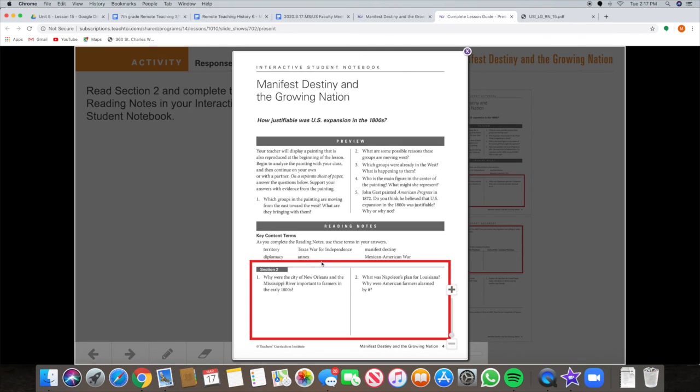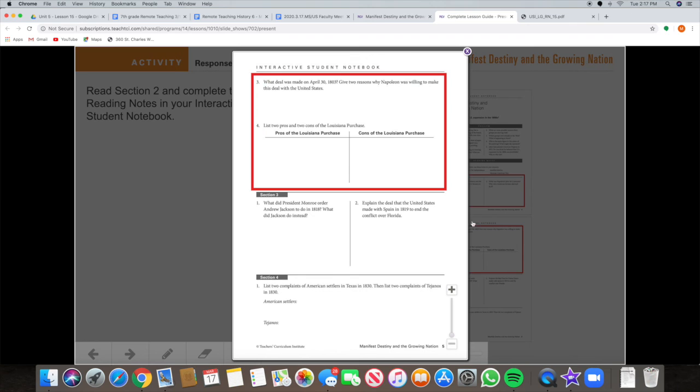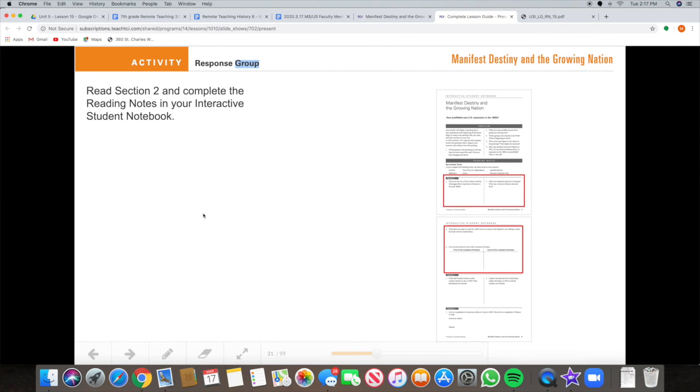That's on pages 141 and 142. Again, you are reading in your textbook the Louisiana Territory on pages 280 to 281, and in your interactive notebook, you're answering the questions on 141 and 142.